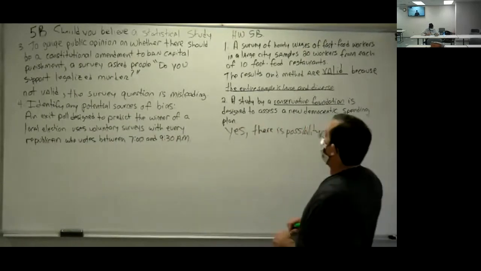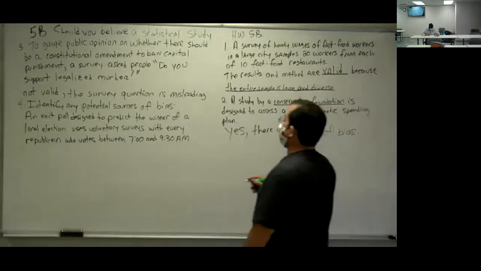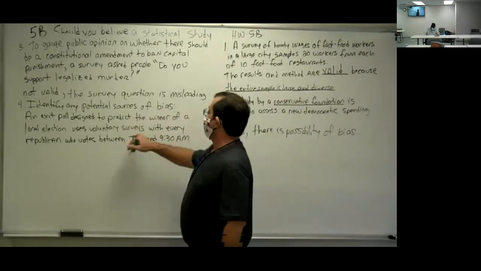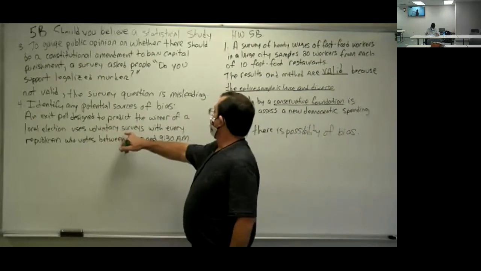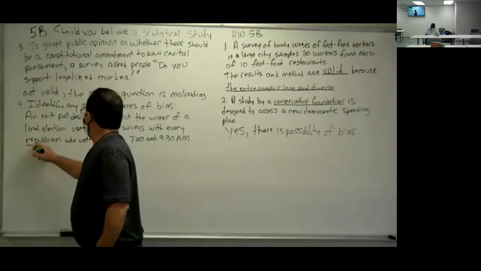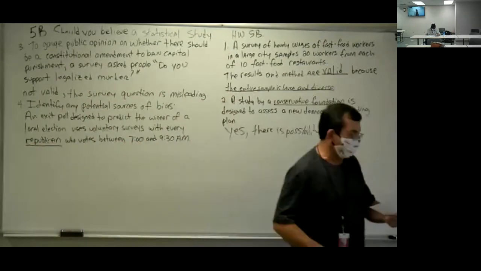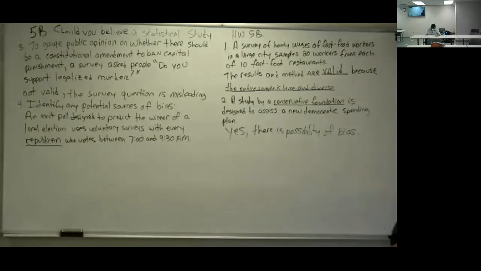So let's look through here. An exit poll was designed to predict the winner of a local election, uses voluntary surveys with every Republican to vote between 7 and 9:30. That is definitely selection bias, right?